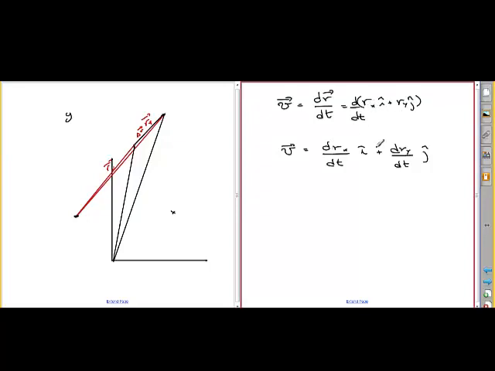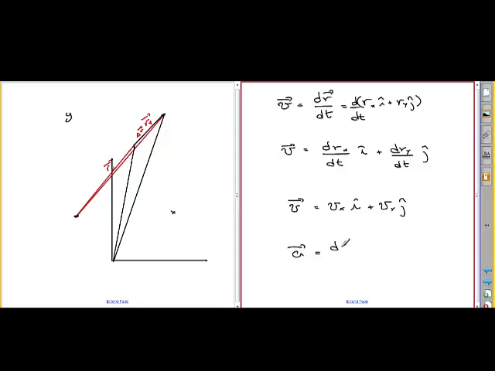You take the derivative separately, and likewise you can then break your velocity up into a v sub x, which is dr sub x dt, and a v sub y, which is dr sub y dt, times the corresponding unit vectors. And then you can do the same thing for acceleration.